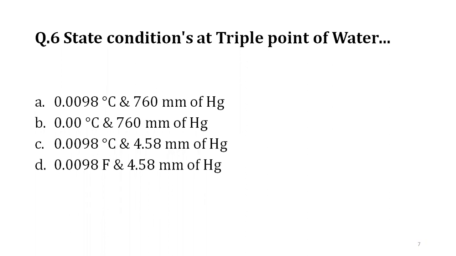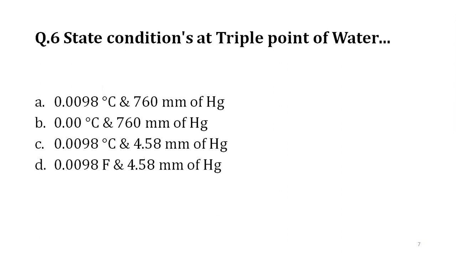Question number 6. State the conditions at the triple point of water. Option A, 0.0098 degrees Celsius and 760 mm of Hg. Option B, 0.00 degrees Celsius and 760 mm of Hg. Option C, 0.0098 degrees Celsius and 4.58 mm of Hg.